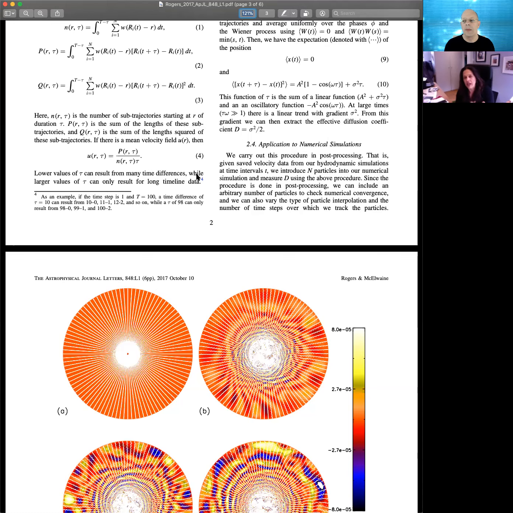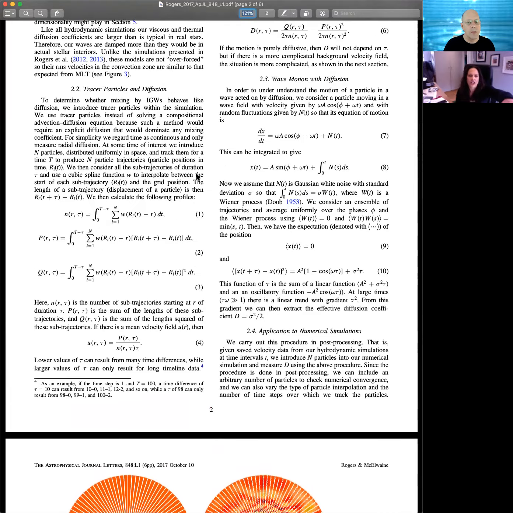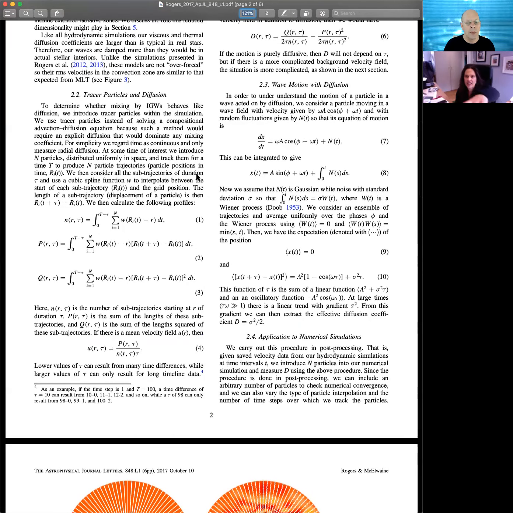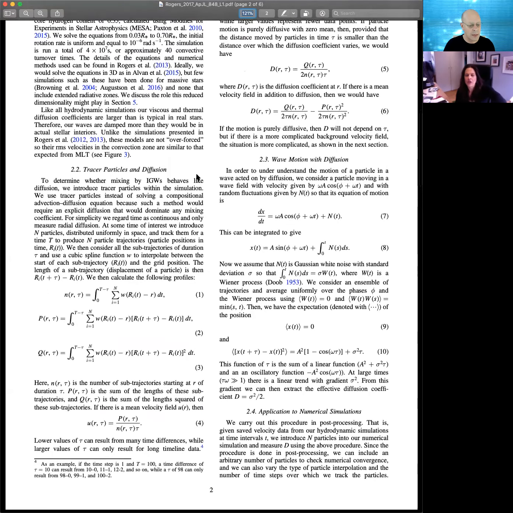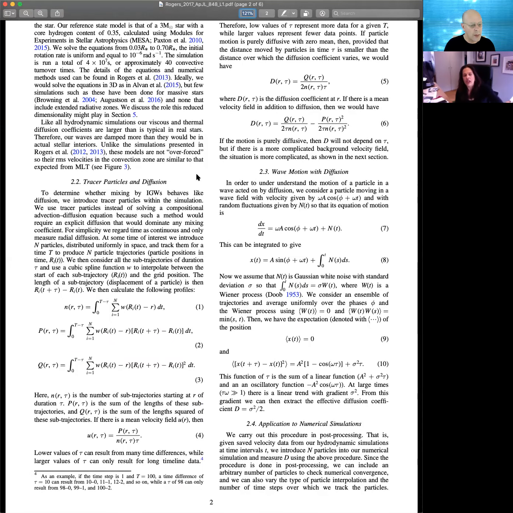But anyway, so the equations, 1 to 10, well, actually 1 to 6, are just the equations for, you have a particle, it moves, it has some trajectory, and over some time scale, what's the density of particles, then what's the mean squared displacement of the particles, and then the diffusion coefficient associated with those particles.